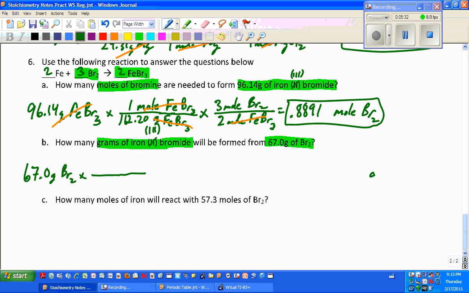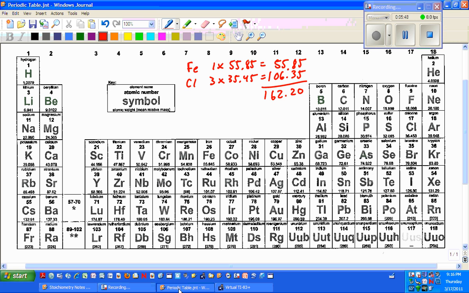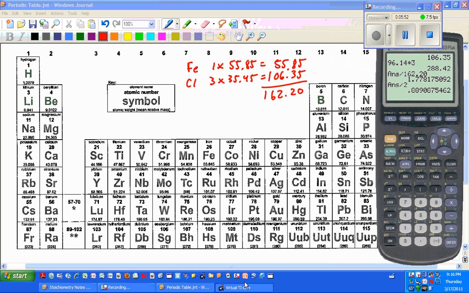And I'm trying to get to grams of iron 3 bromide. So many grams of bromine down here, 1 mole of bromine up here. Periodic table says bromine is 79.904.